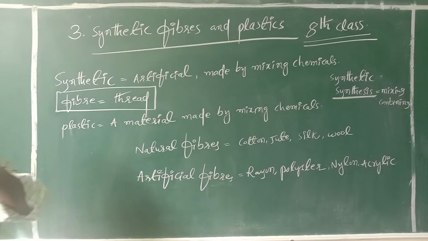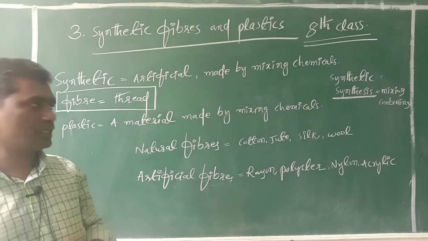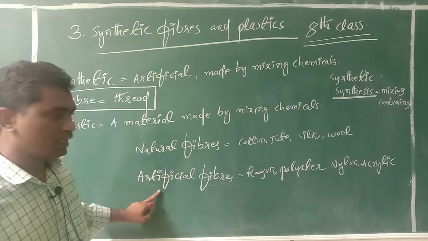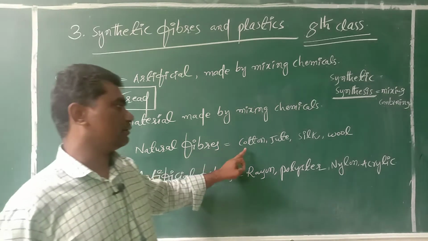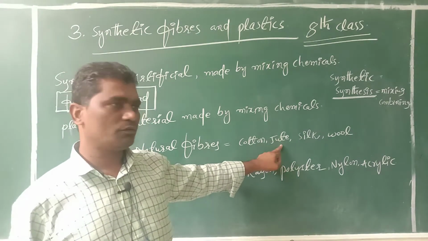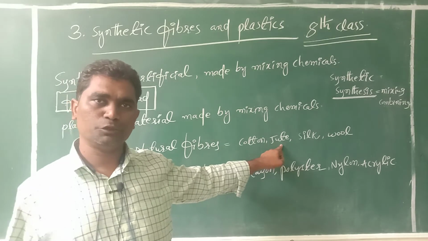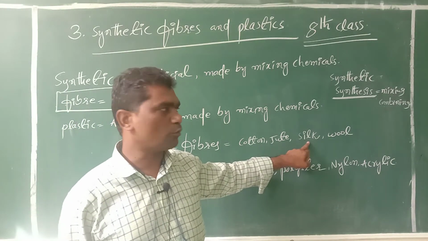Just now I said there are two types of fibers: natural fibers and artificial fibers. What are natural fibers? Cotton fibers we obtain from the cotton plant. Jute fiber we obtain from the jute plant. Silk fibers we obtain from the silkworm.